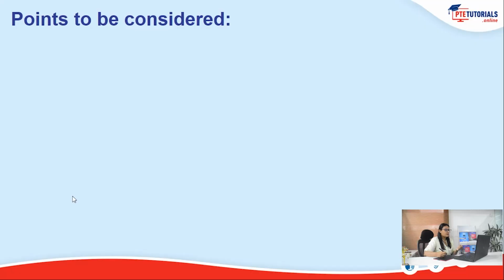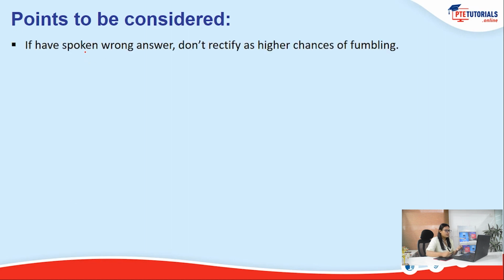We need to consider a few important things while attempting Answer Short Questions. The first important thing is, if we have spoken a wrong answer, don't rectify it, as there are high chances of fumbles. If the answer was paleontologists and I spoke paleontologists, my answer would be correct, but if there is fumbling, scores may not be granted by the system.